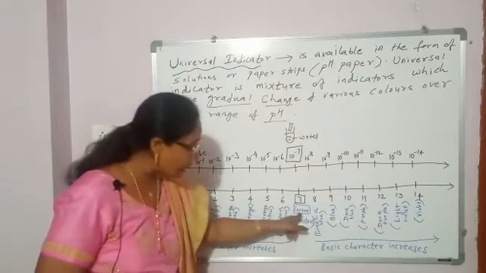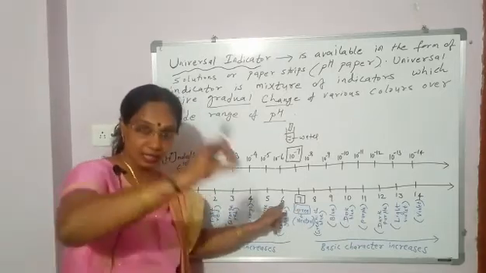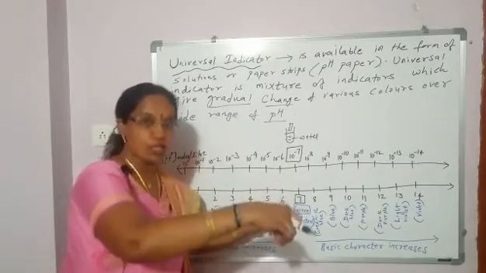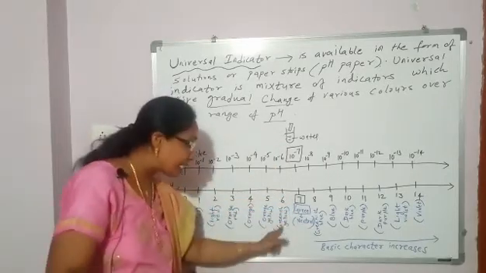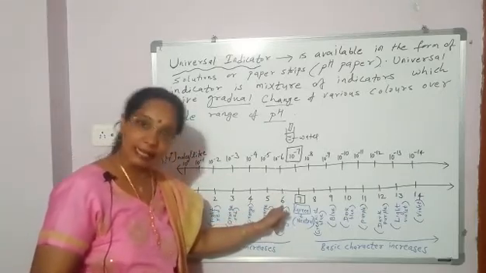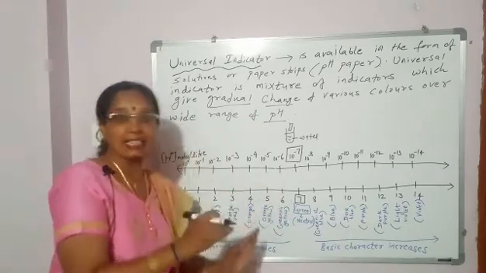So if the color changes from green to greenish yellow when you dip pH paper in any solution, it means the solution is weakly acidic.